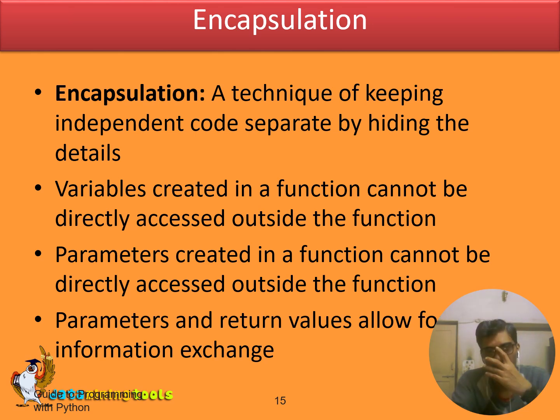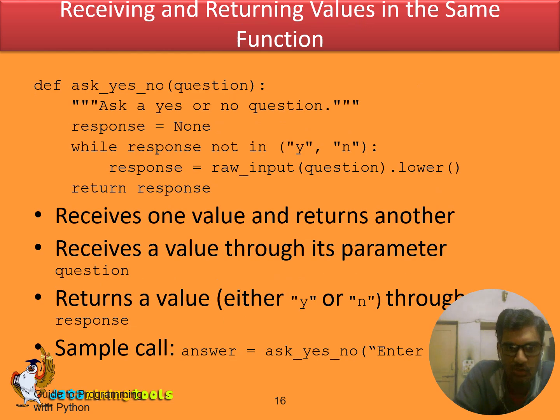Next, encapsulation. This is a technique for keeping independent code separate by hiding the details. So you write multiple definitions, and based on that the action is done. You will understand in the next example that we're going to look at. So look at the example here. Def ask yes or no. If the response is none, or the response is not in yes or no, it asks the user to input a response. So here it receives and returns values in the same function.